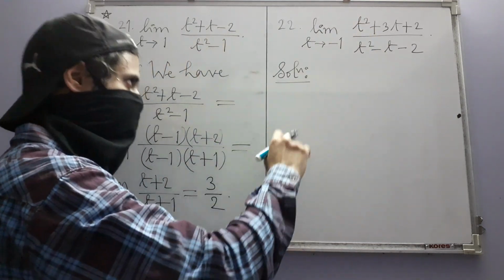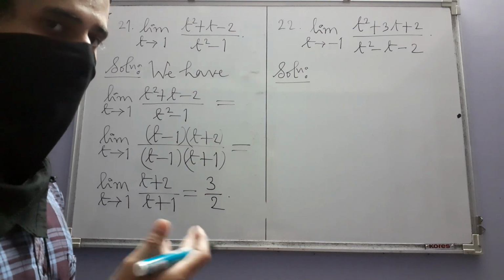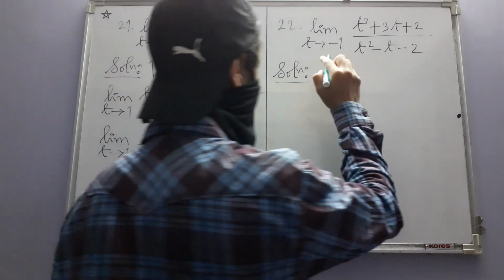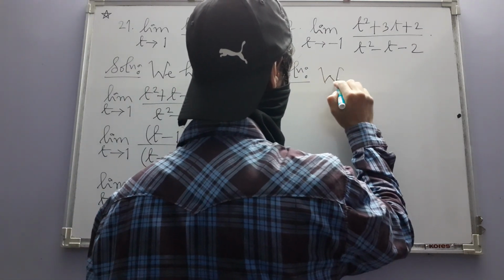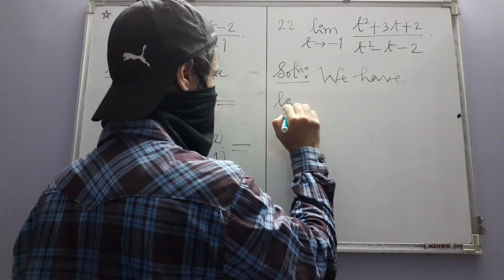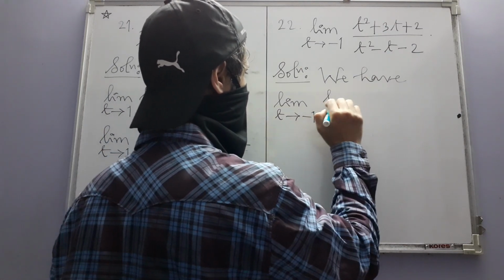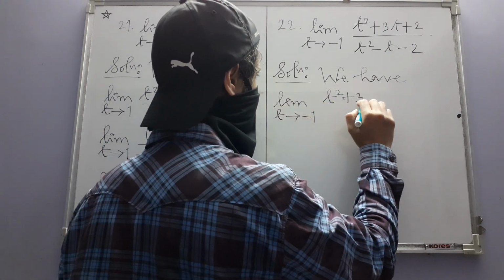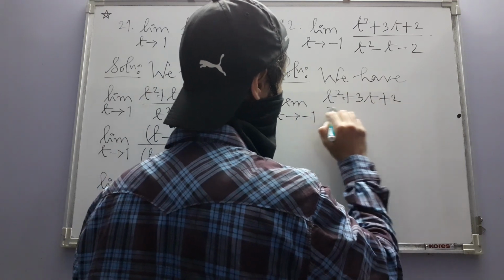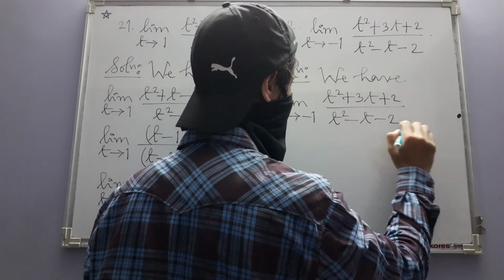So we write t plus 1 in the numerator as well as in the denominator, and then adjust things. T squared plus 3t plus 2 over t squared minus t minus 2.